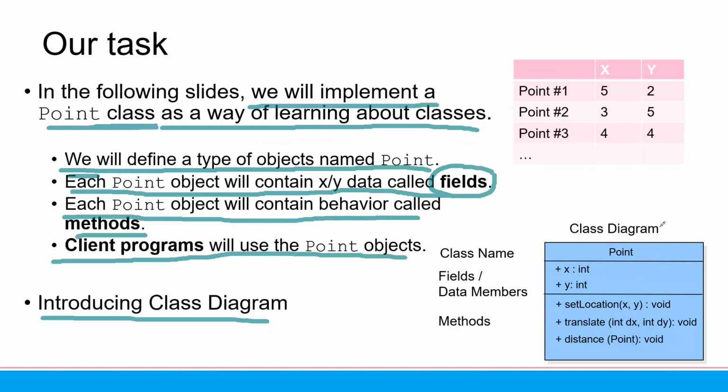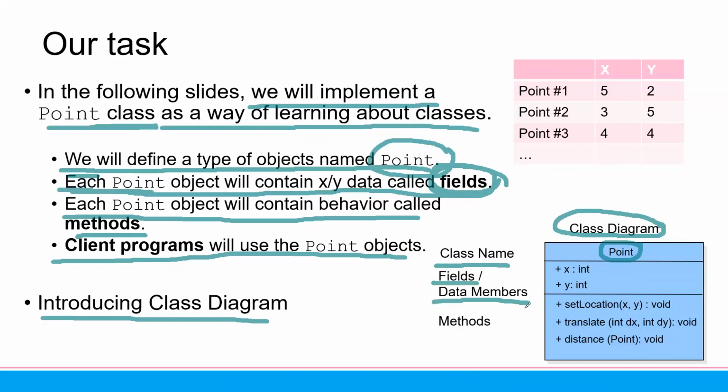Now I'm creating a class diagram. In this class diagram, the class name, as I mentioned to you, is point. So we put it at the top. We have the name point. For every point, it will have fields. So we have fields or data members.